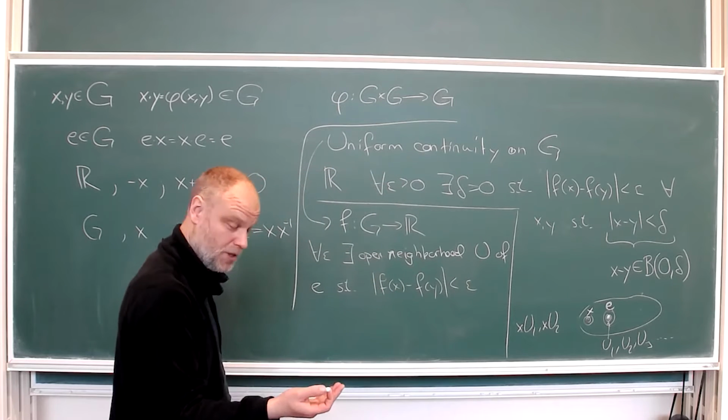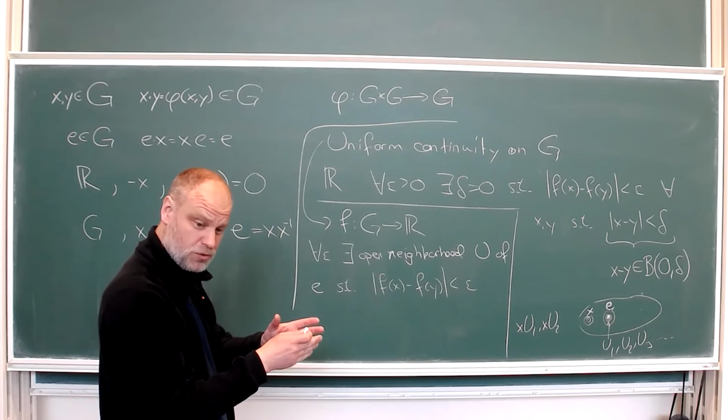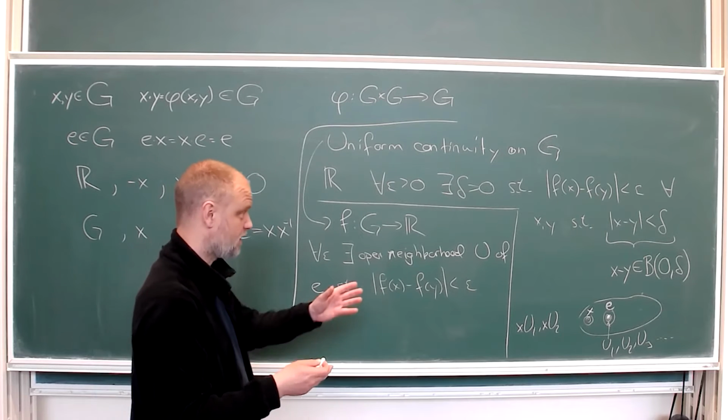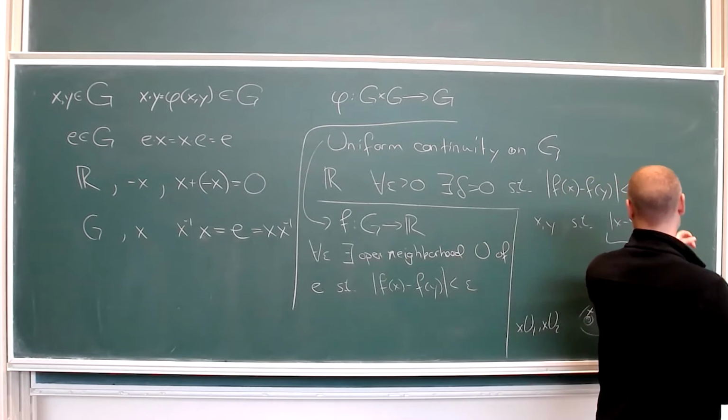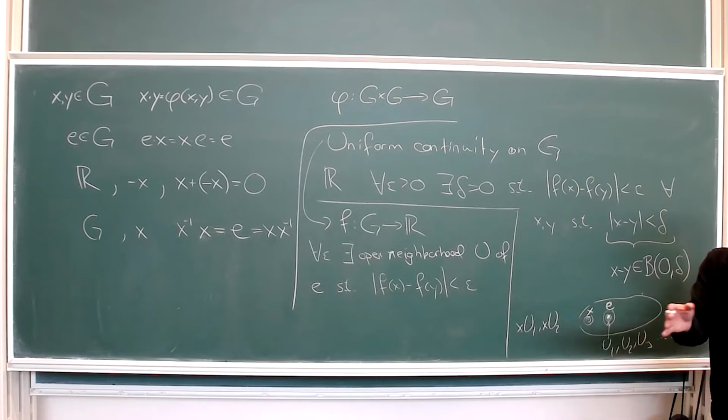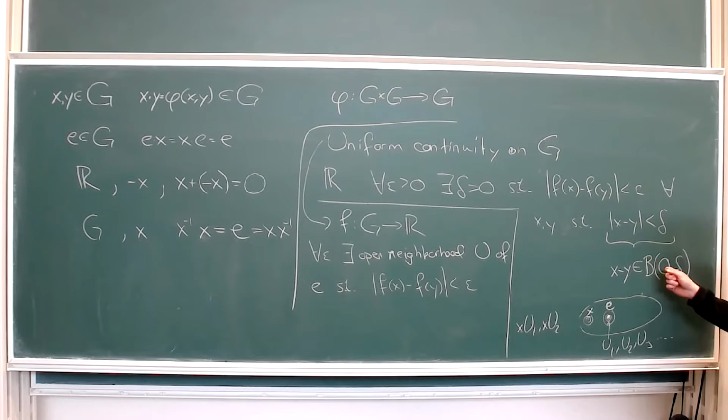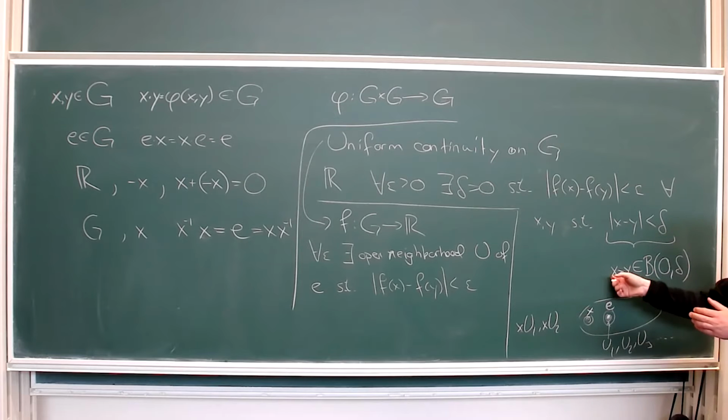So far, so good. But now when x and y are close, this is what this says, right? If x and y are close enough, then this is smaller, and this is independent of where you are in space. That's why it's important to work here with one specific neighborhood around 0, so we need a translation.